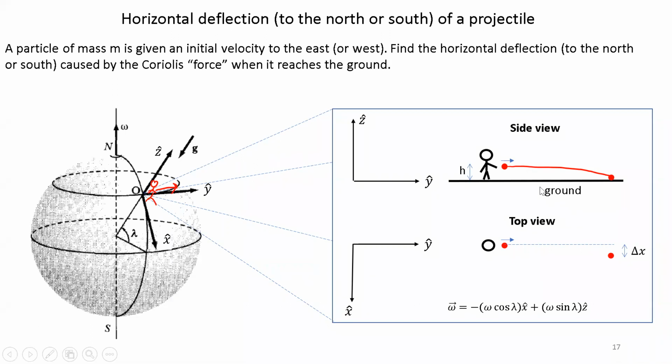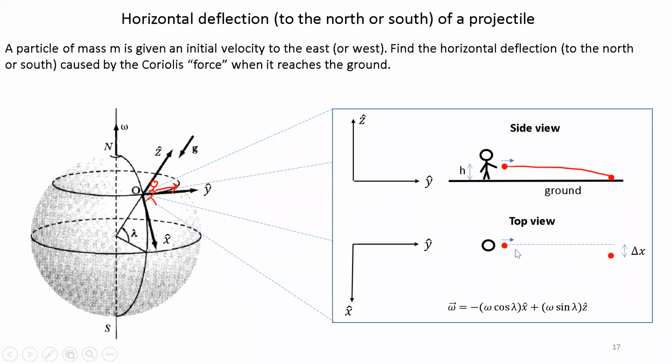However, as we will show, once you consider the Coriolis effect, the ball will kind of still do something like this, but the trajectory will go a little bit out of the screen.